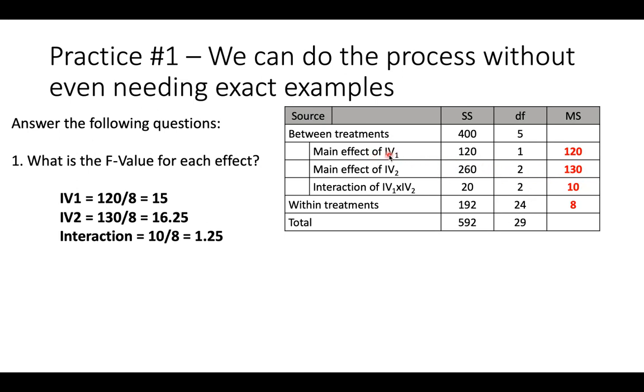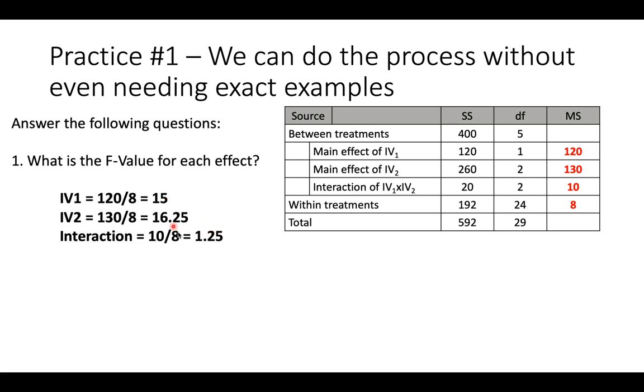That is the case for variable 1 because it has 1 degree of freedom. But variable 2 and the interaction are divided by 2 degrees of freedom to produce their mean squared. What we really need to know is how to take each of these mean squares and simply divide by the within or error term to get the F value.